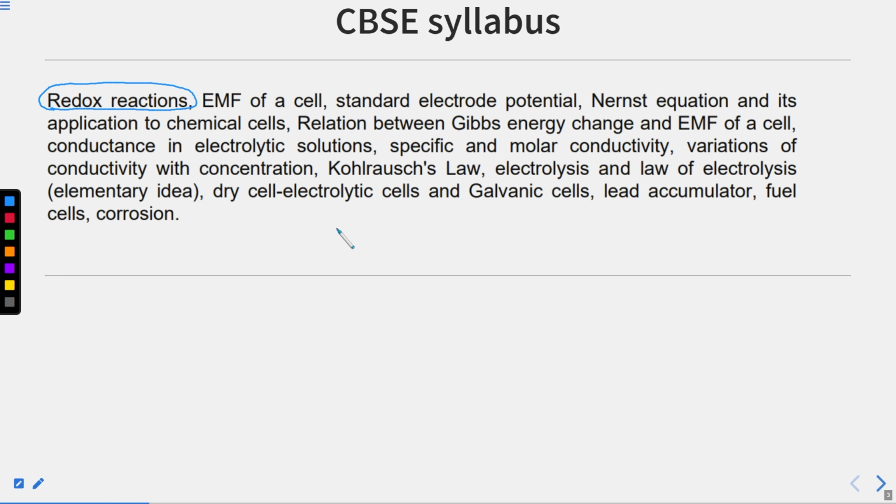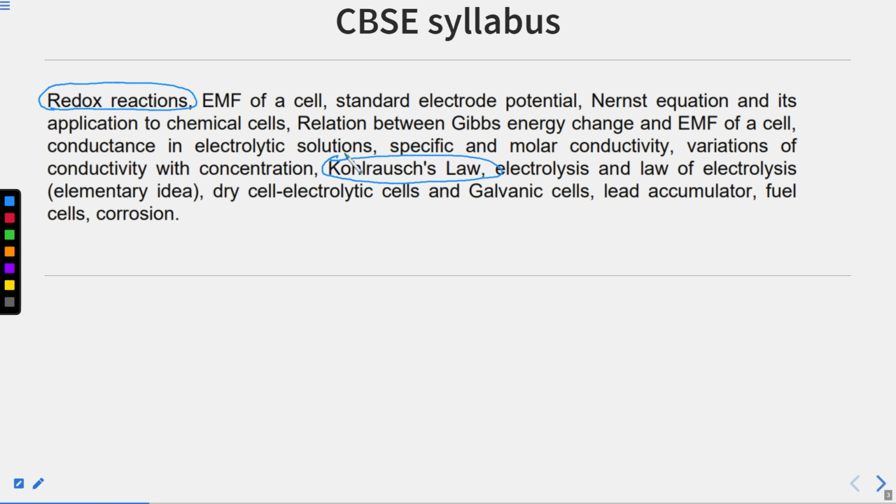After that, we have seen a very important law that is called Kohlrausch law, in which it was said that for an electrolyte, the molar conductivity at infinite dilution is the sum of the individual contributions from its cationic and anionic part. So this was our Kohlrausch law.